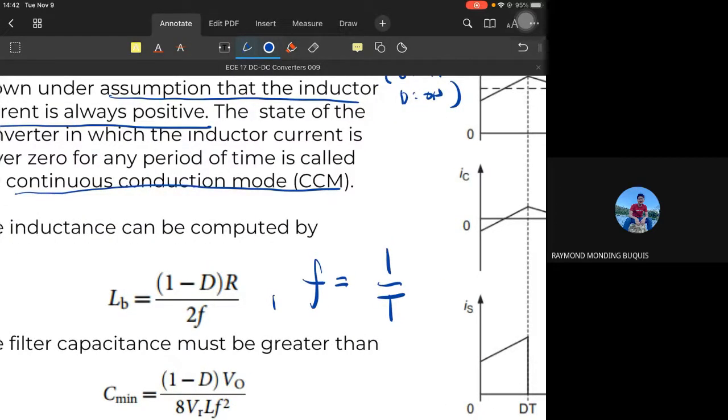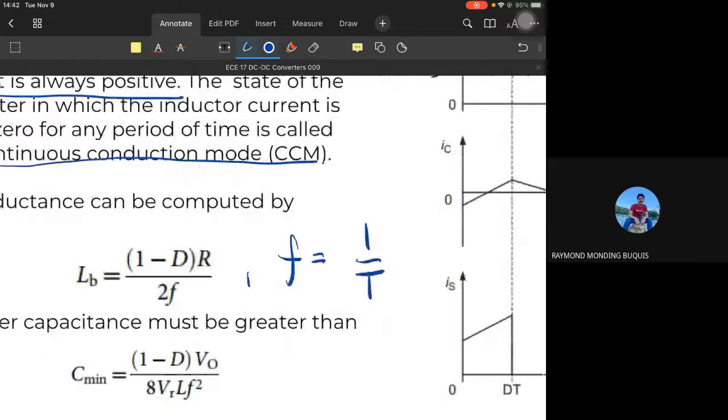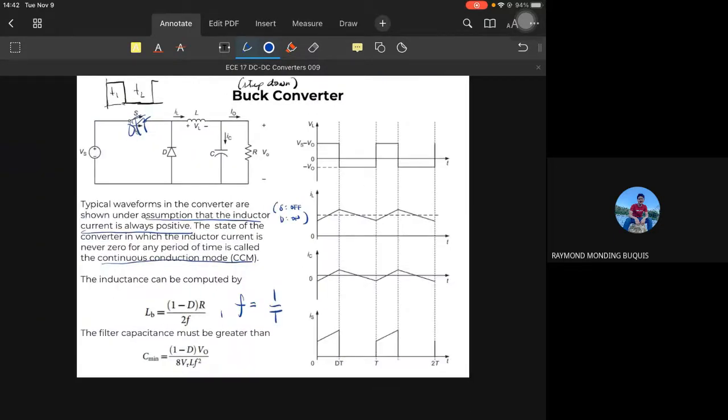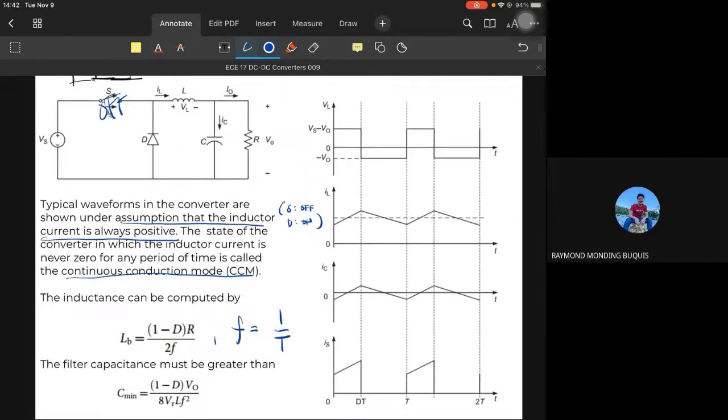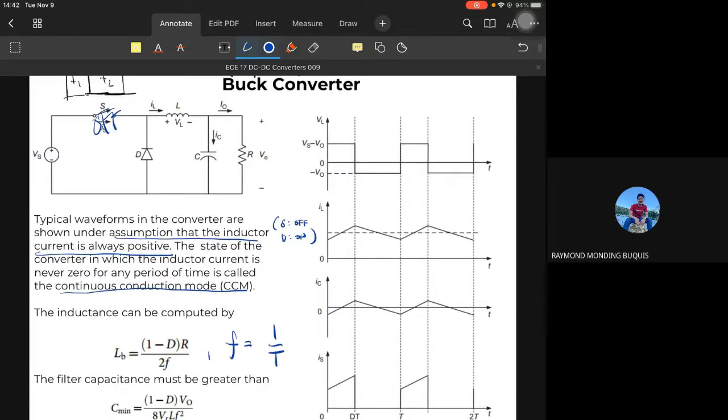The capacitance must be greater than this value, the minimum capacitance: (1 minus D) times VO, where VO is our required output, divided by 8 VR L F squared. F is frequency, L is inductance, and VR is the ripple voltage.